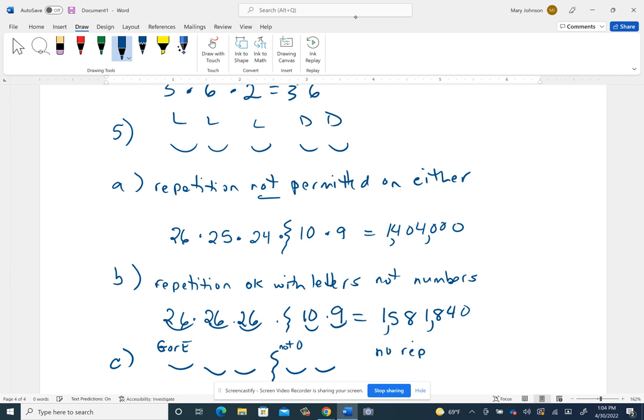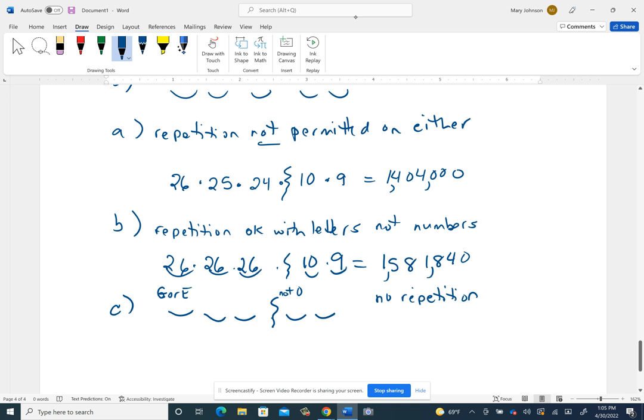So you only have 2 possibilities. If you did your tree diagram, you'd have either G or E, but after that you could have a lot more branches, but you've already used up 1 letter. Repetition's not allowed. So you'd only have 25 to choose from here, and then 24 after that.